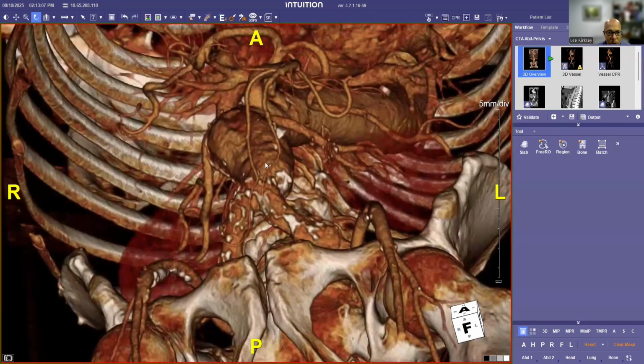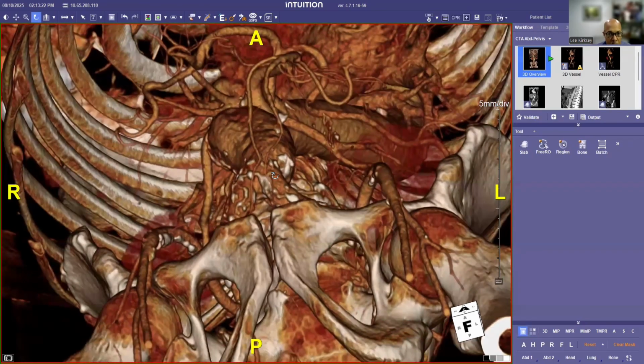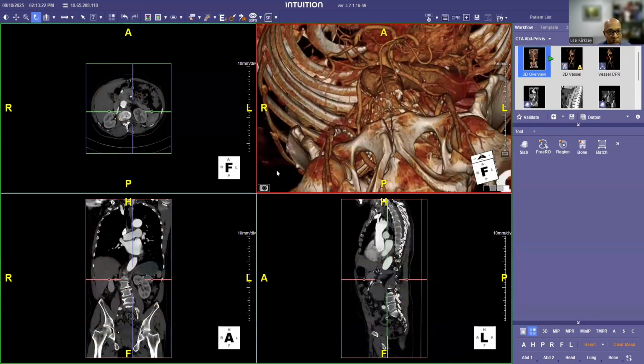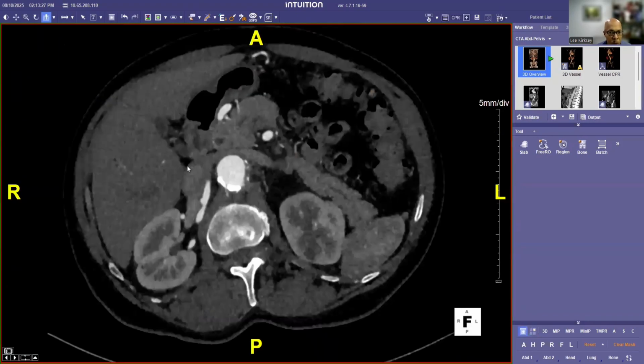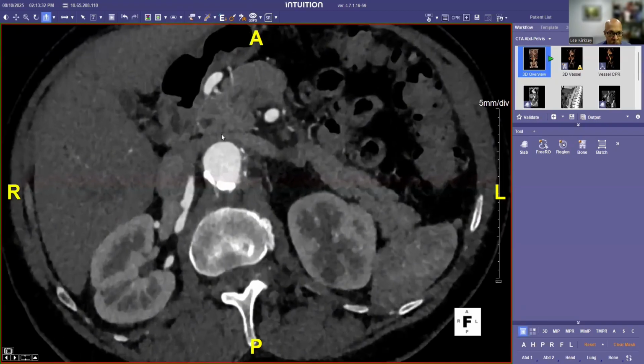Here's the abdominal aortic aneurysm, which is a tube. The aorta is a tube which runs from the heart through the chest into the abdomen. In this instance, I'm showing you a different view where we have literally looked at the patient through very thin slices.